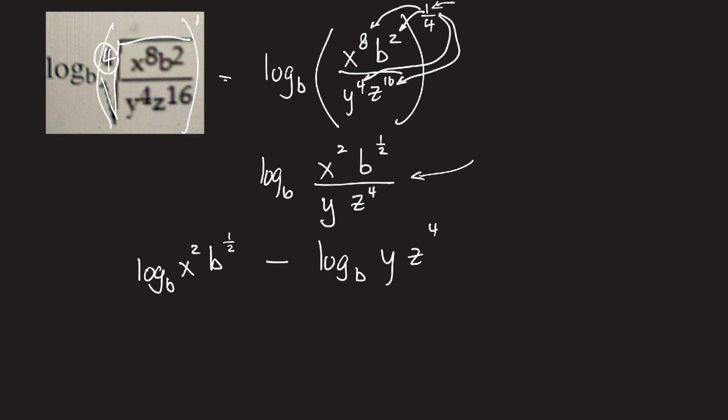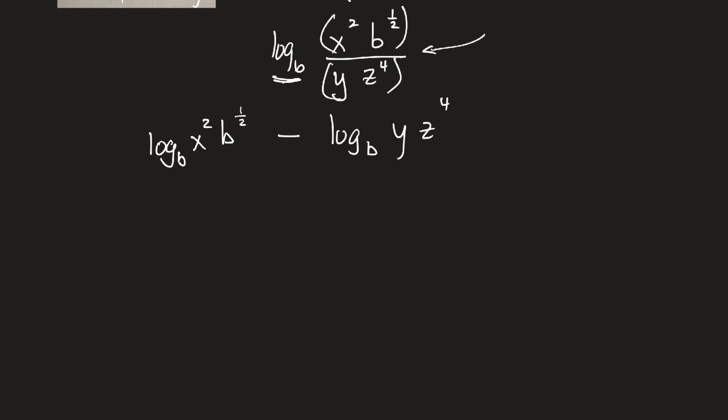Because I'm dividing these things and I'm taking the log of all of that, I can log the top, log the bottom, and subtract. Now here you have to be careful, especially with the second one, because that's where a dirty, rotten, filthy, stinking negative comes in. So you have to subtract everything over here.